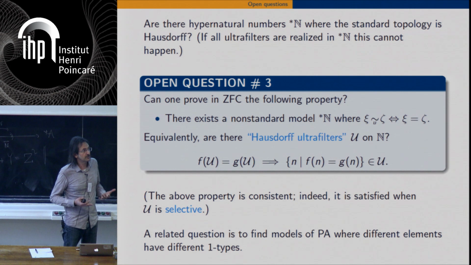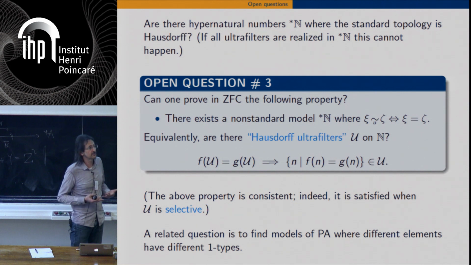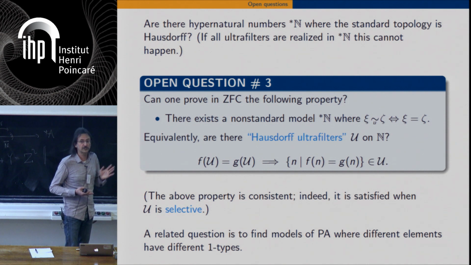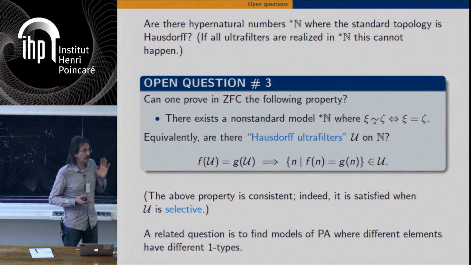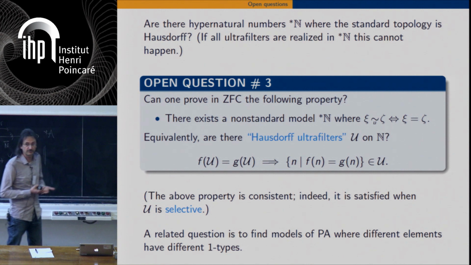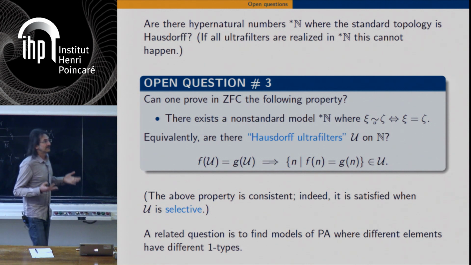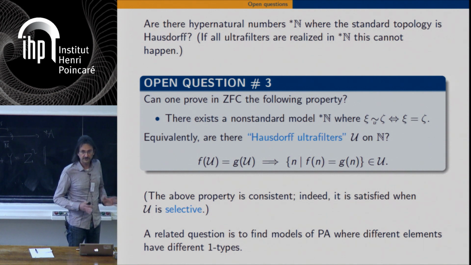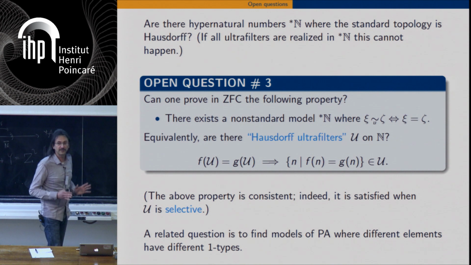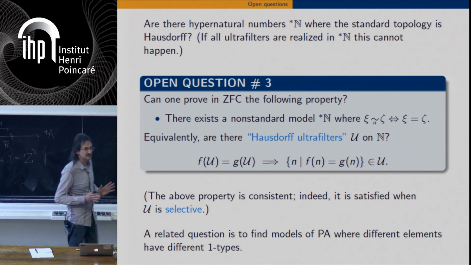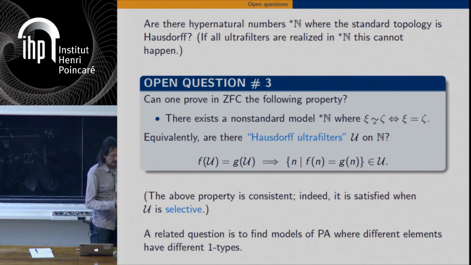And the property when reformulated in terms of ultrafilters is this: if the images under two functions of the same ultrafilter U are the same, then it means that the two functions agree almost everywhere. Now, this is still open in ZFC. It is a consistent property, but it is still open. It's unbelievable because it's such a basic, simple property about ultrafilters, but we do not know if this is a theorem of ZFC or not.